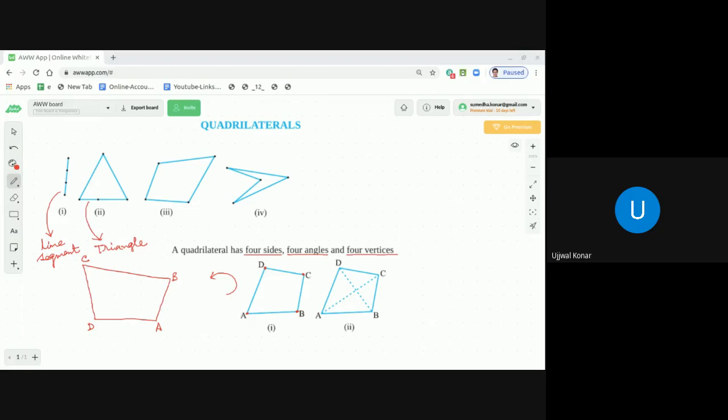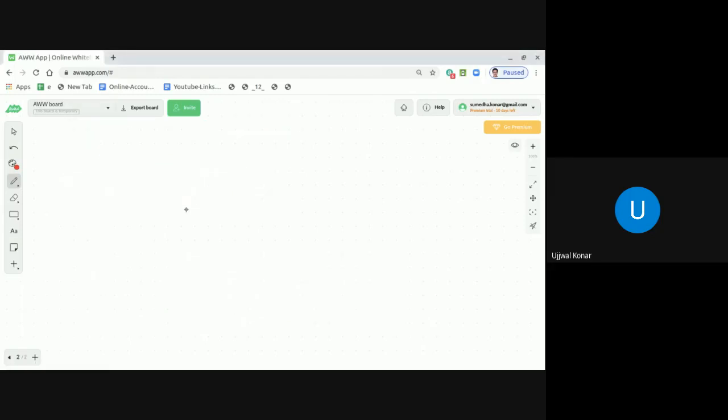If you recall our triangle discussion days, when we discussed triangles, there also we discussed the angle sum property of a triangle. Now what we are going to discuss is the angle sum property of a quadrilateral. Let me first show you a quadrilateral, and from that we are going to derive this.